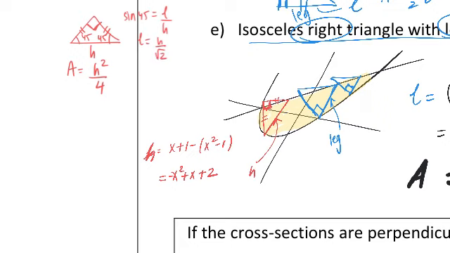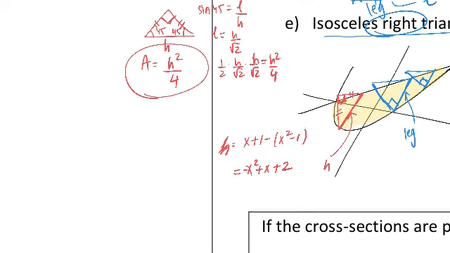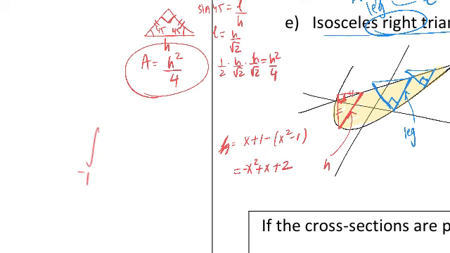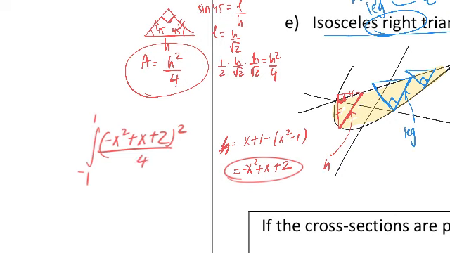And each of the legs is the same, so when you do area, 1/2 of the legs multiplied, you're going to end up with H squared over 4. So this is the area formula if you have this hypotenuse lying on the base, and the integral would be from -1 to 1, H squared, so that thing squared, over 4 dx. This will be our volume integral.